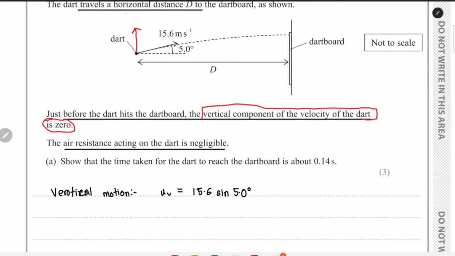This is the vertical velocity, 15.6 sine 5.0 degrees, and this is the horizontal component, 15.6 cos 5.0. The vertical acceleration is minus g because it's opposite to the direction of motion.